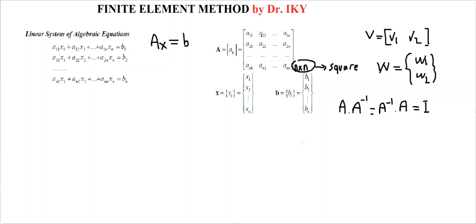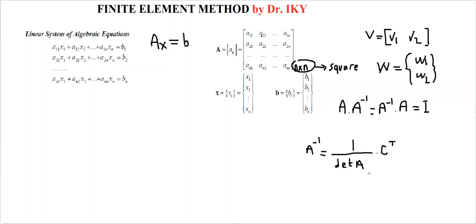The inverse of matrix A can be defined as 1 over the determinant of A, multiplied by the transpose matrix.